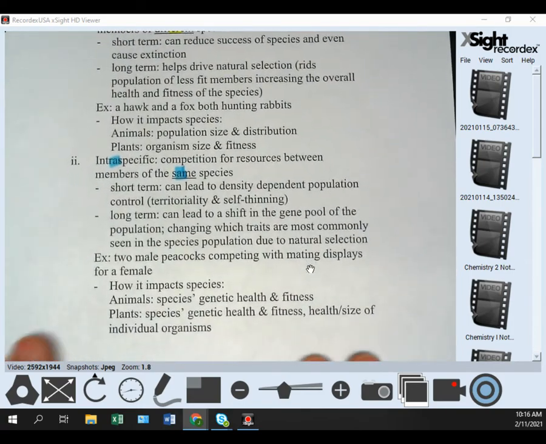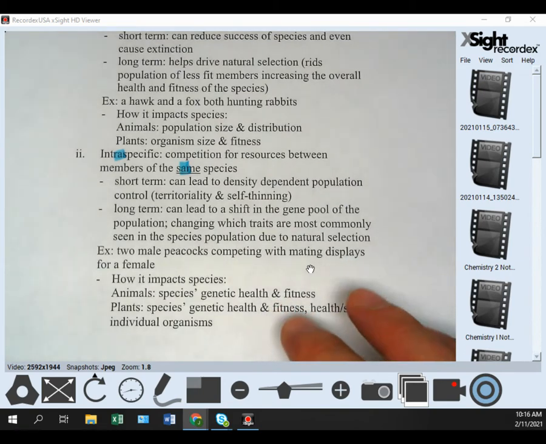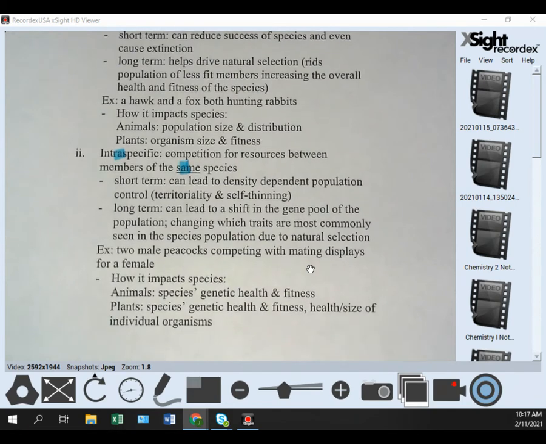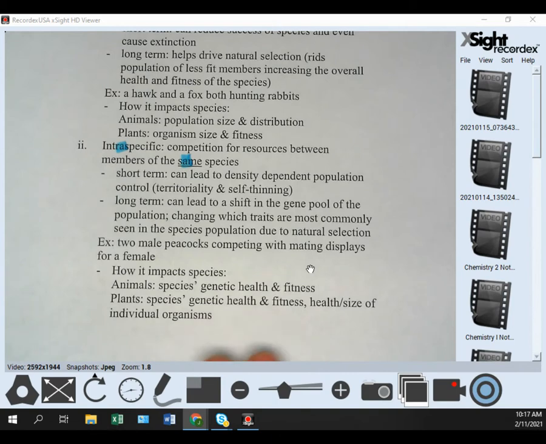In animals, it can affect the species' genetic health and fitness overall. It doesn't necessarily increase genetic diversity, but it usually means the ones that are best equipped to survive and reproduce the most, and therefore their genes get spread throughout the population somewhat. In plants, it also affects the species' genetic health and fitness, but it can also affect the health or size of individual organisms.